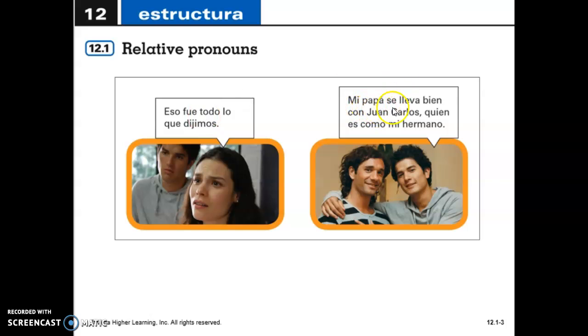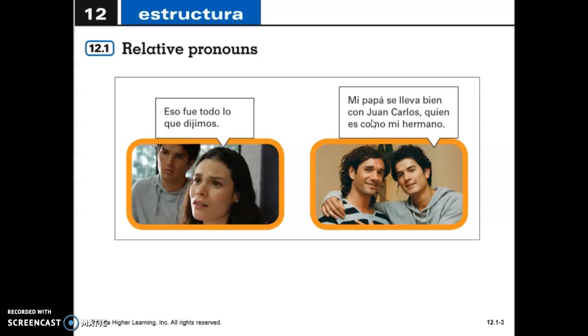Mi papá se lleva bien con Juan Carlos, quien es como mi hermano. My dad gets along very well with Juan Carlos, who is like my brother. So I want to clarify that relationship that I have with Juan Carlos, and I'm joining these two statements. My dad gets along well with Juan Carlos, and on the other hand, Juan Carlos is like my brother.